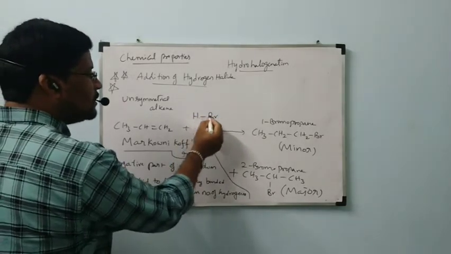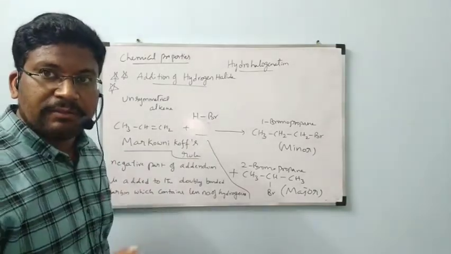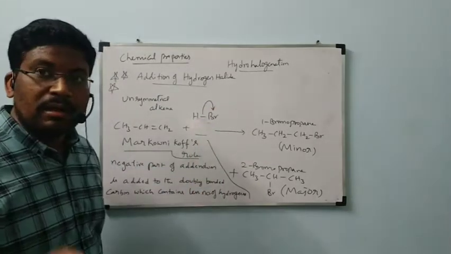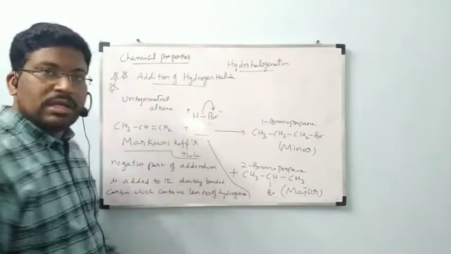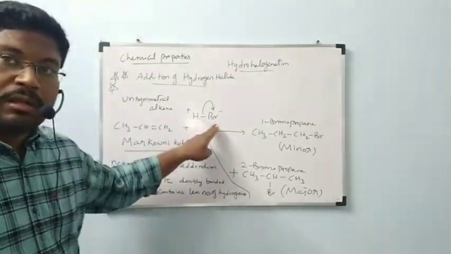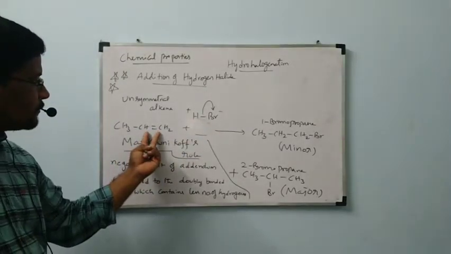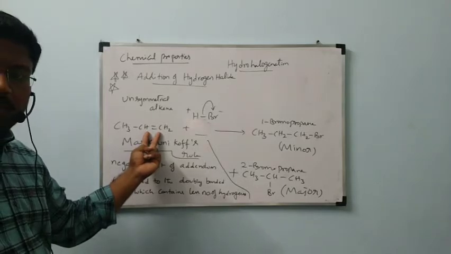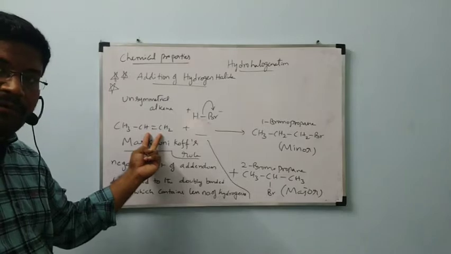In HBr, if this bond is going to be cleaved, the bond will shift towards the highly electronegative atom, bromine. Bromine will get a negative charge, hydrogen will get a positive charge. So in that addendum, the negative part, bromine, is added to the doubly bonded carbon which contains less number of hydrogens.